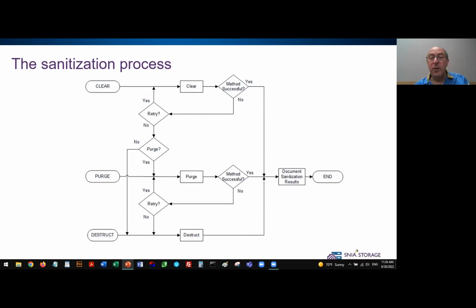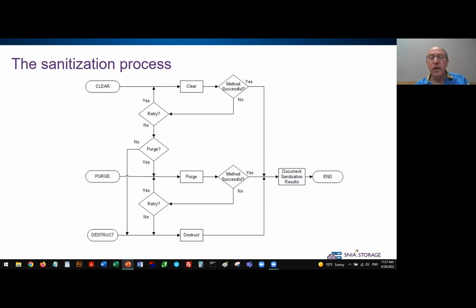Or say you had a power failure in the middle of it. It takes 20 hours to do your overwrite here, and you get a power failure in the middle. Okay, you can start your sanitize and start over and do the clear. Keep doing that until it succeeds without a power fail.